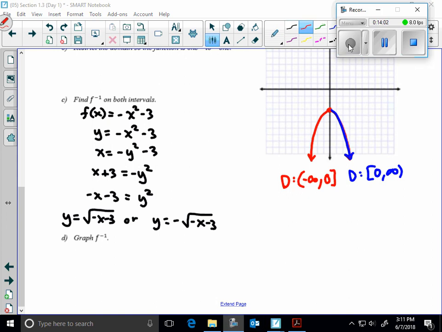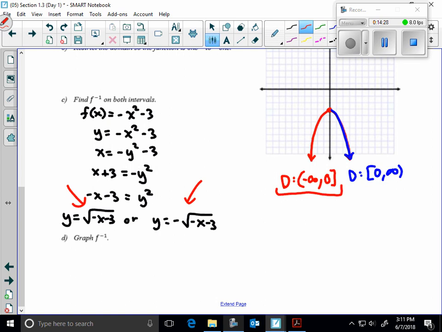Okay, so now we got to determine here which of these 2 inverses is going to go with, these are the inverses, by the way, right here. Which of those 2 inverses go with which of the 2 restricted domains? Okay, so it's pretty simple to see that the domains on the red portion of the function are negative numbers, right? So our y values are probably going to be negative on the inverse, right?